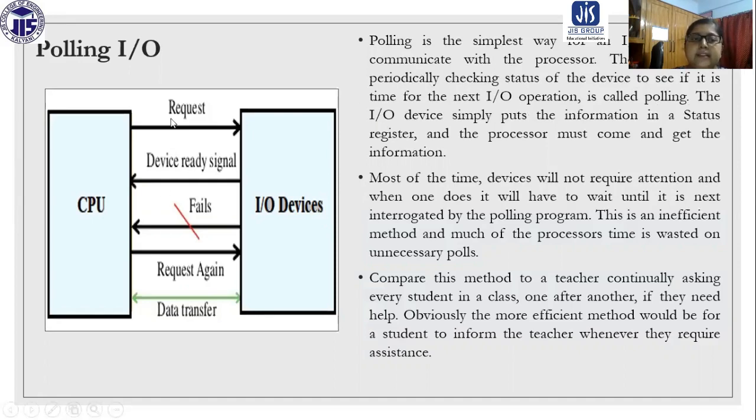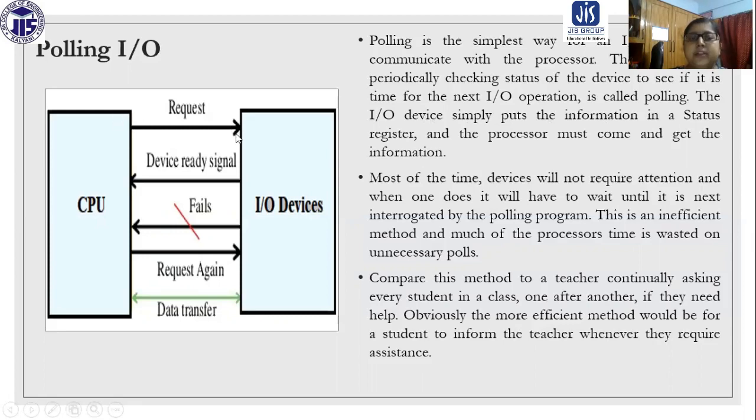So basically this is periodic checking. Periodically the CPU is going to check if any I/O operation is pending or not. The I/O device simply puts the information in a status register and the processor must come and get the information.